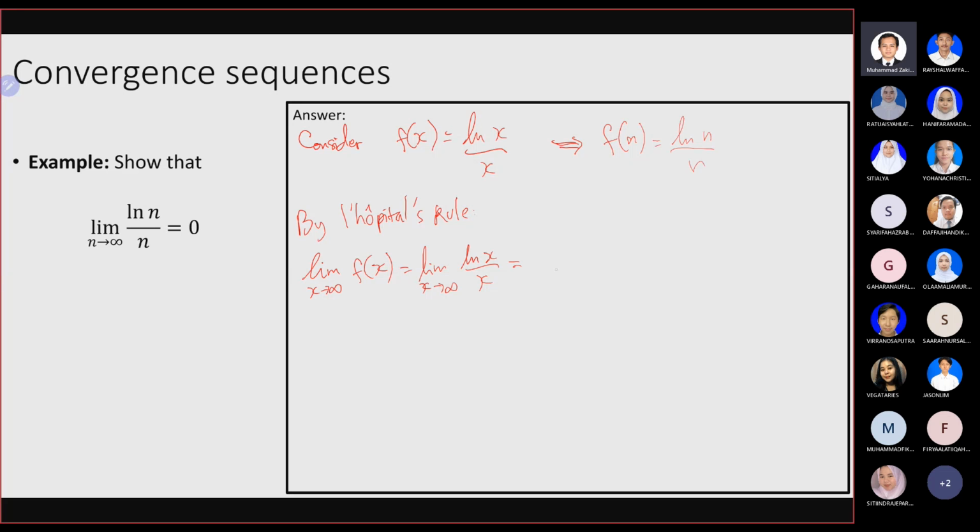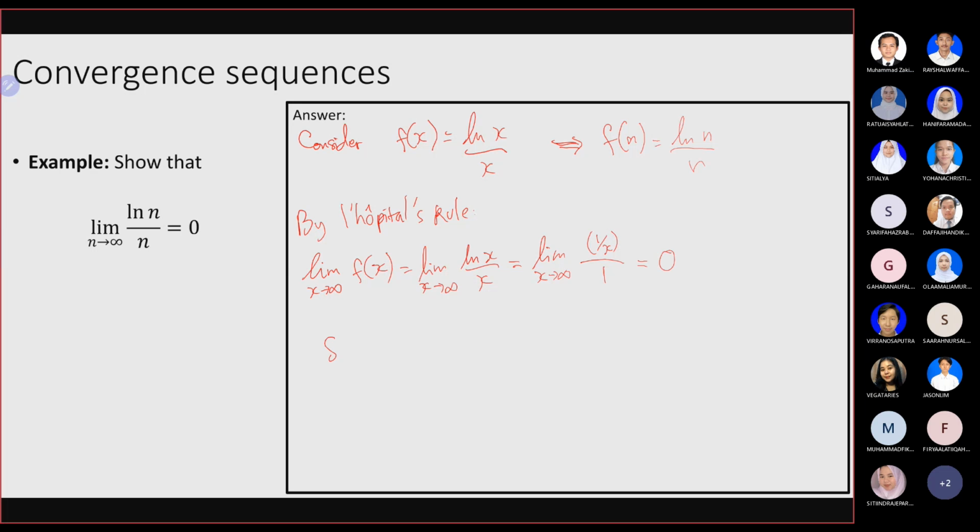And here we apply L'Hopital's rule. If you still remember, if we put infinity here, we have infinity over infinity, so we can use L'Hopital's rule. We differentiate the numerator and also the denominator. We have 1 over x divided by 1. In this case, the limit is 0.